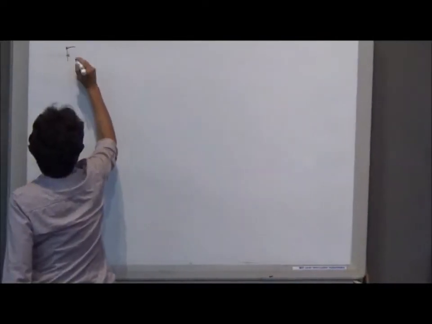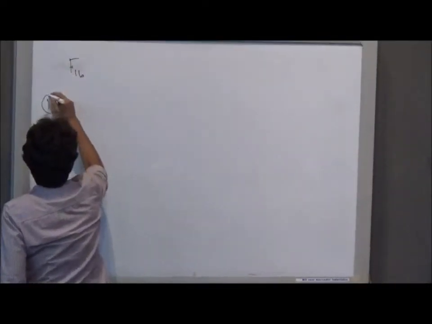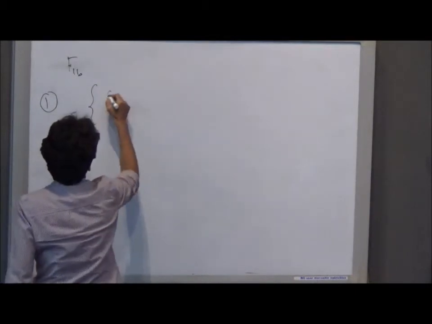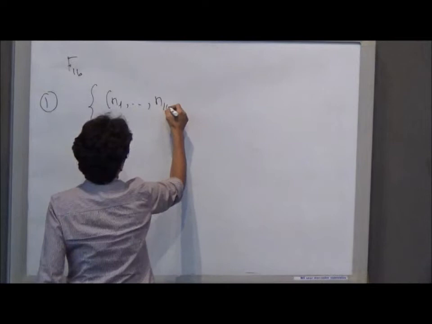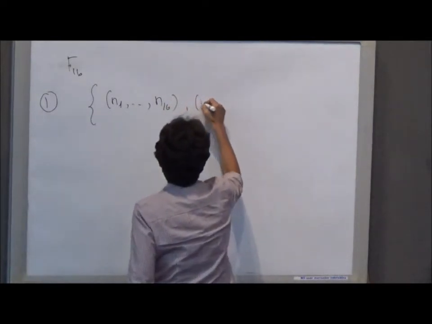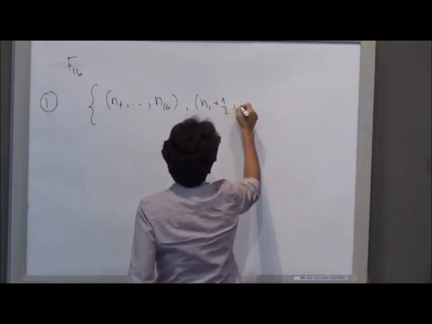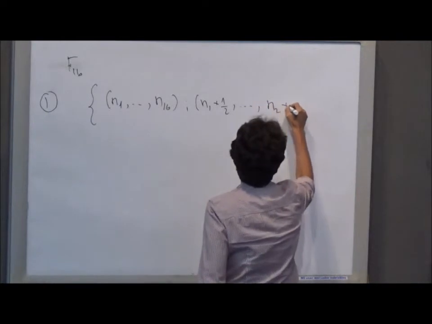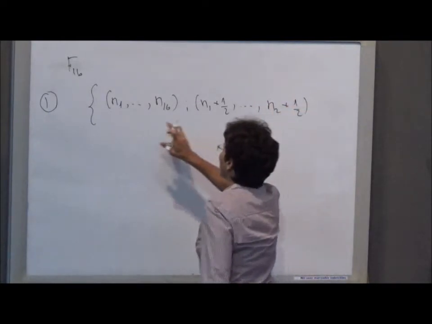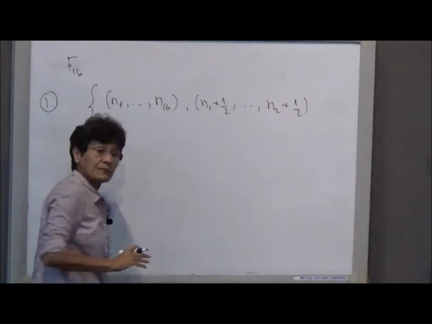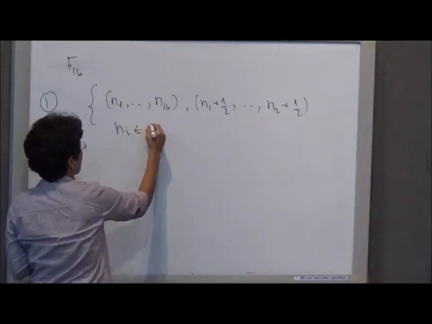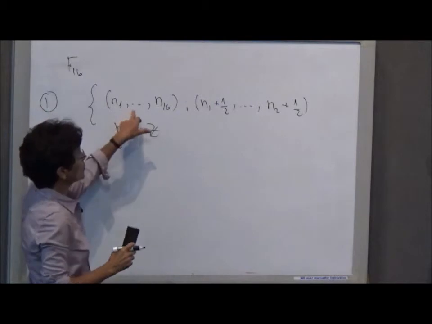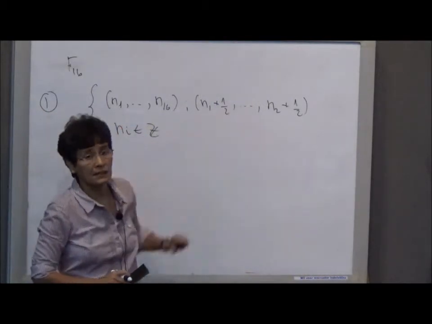So this gamma 16. The first one is a set of 16-dimensional vectors that can be either of this type or that type, with all integers or all half integers.